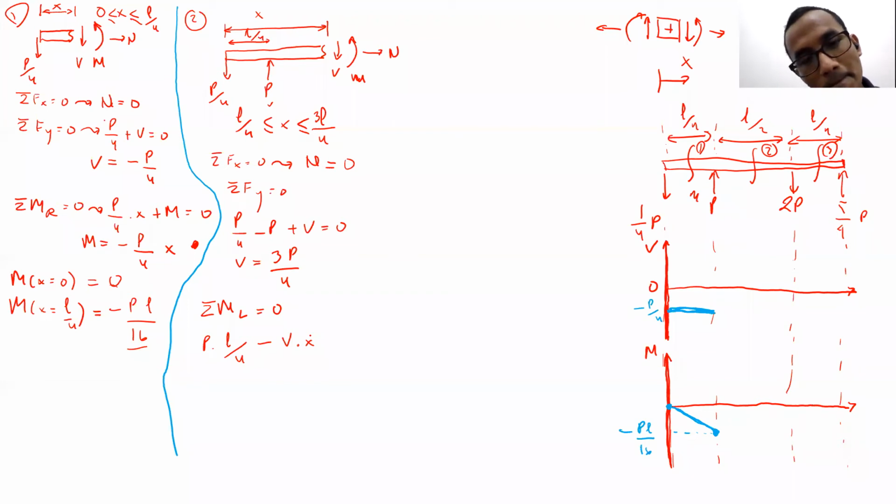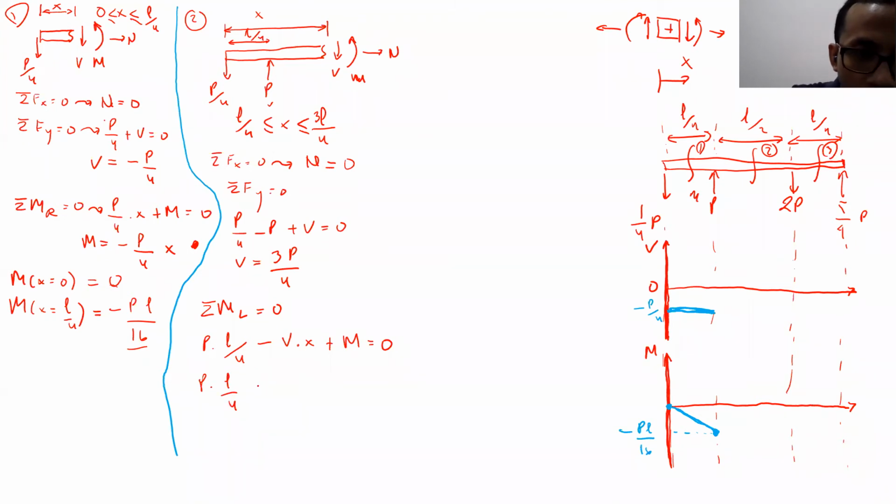By x. Yes. And then plus moment equal to 0. This is the whole equation. But remember that V there we have the value already. So PL over 4 minus 3P over 4 multiplied by x. Okay.